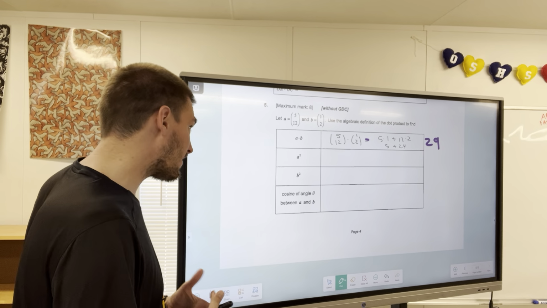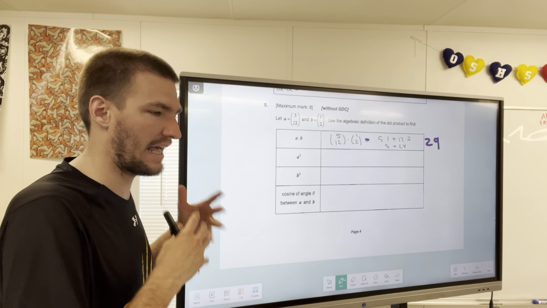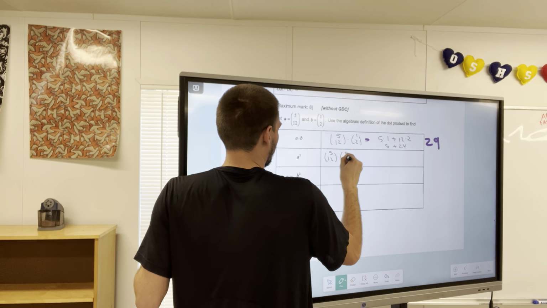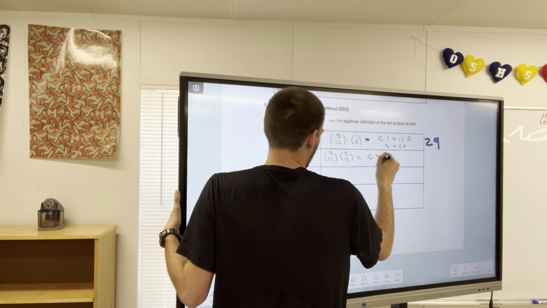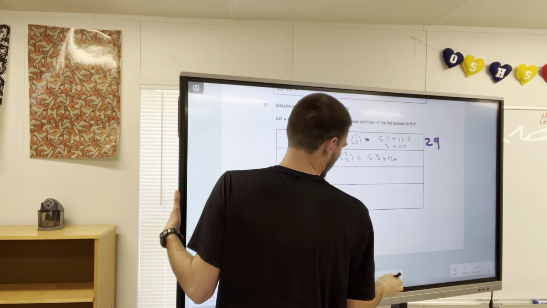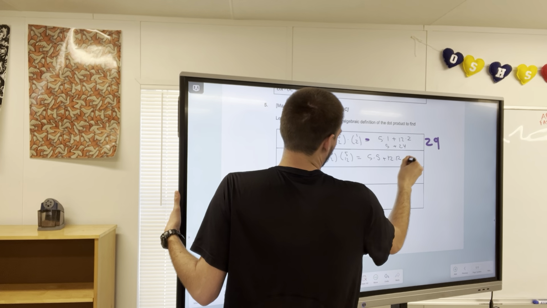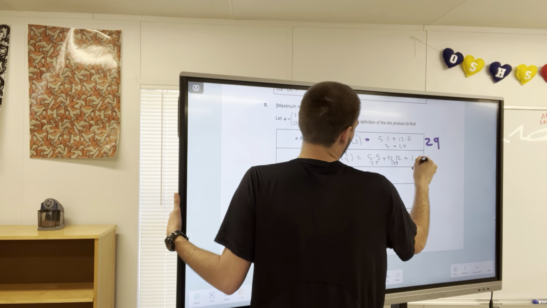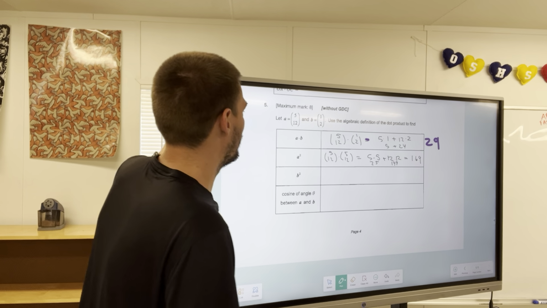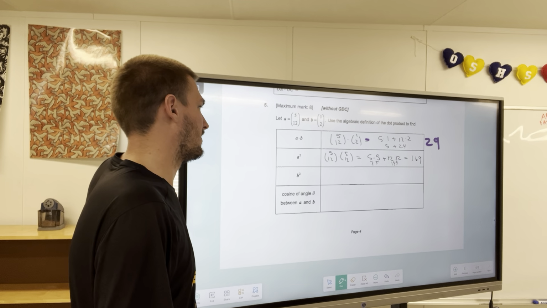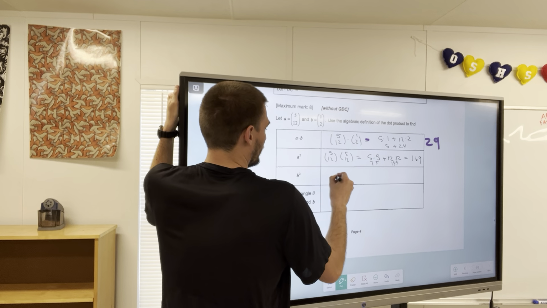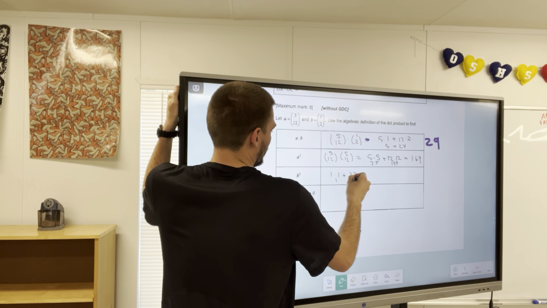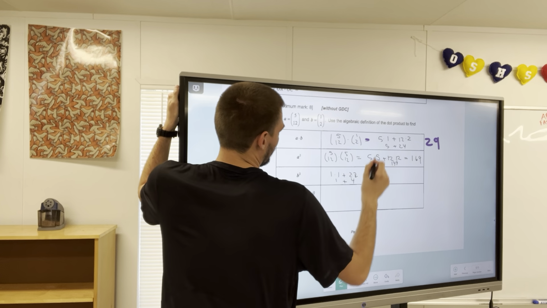Now, A squared, which is the same thing as A dot A, would be 5, 12 dot 5, 12, which would be 5 times 5 plus 12 times 12, which would be 25 plus 144, which would be 169. And then of course B squared would be 1 times 1 plus 2 times 2, which would be 1 plus 4, which would be 5.